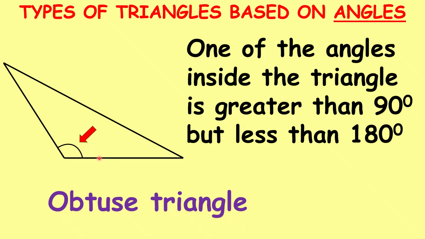We'll notice that the other two angles are also both less than 90 degrees each. Therefore, they are acute angles. But this entire triangle, based on the presence of this angle which is greater than 90 degrees but less than 180 degrees, is called an obtuse triangle.